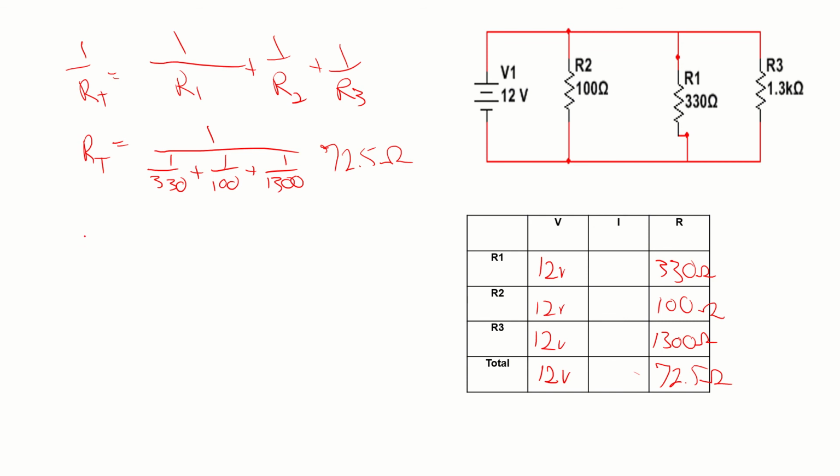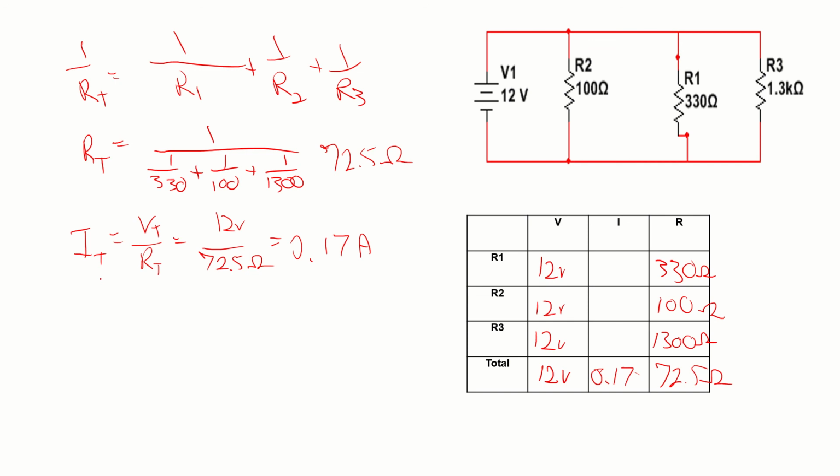Once I know that, again, my I total is going to be my V total over R total. So that's 12 volts over 72.5 ohms, and I get 0.165, so 0.17 amps.